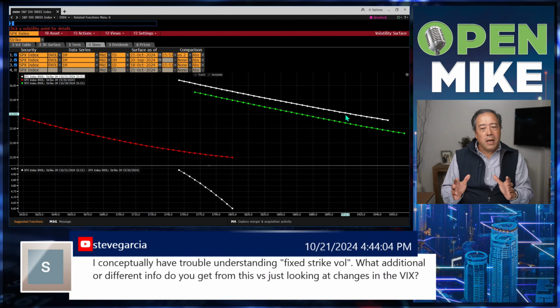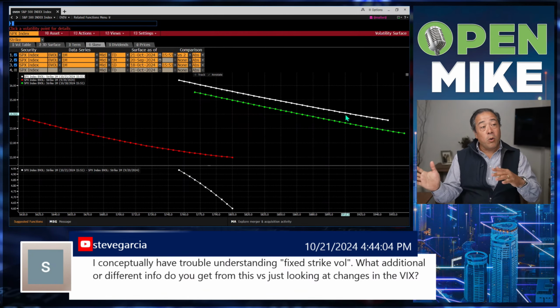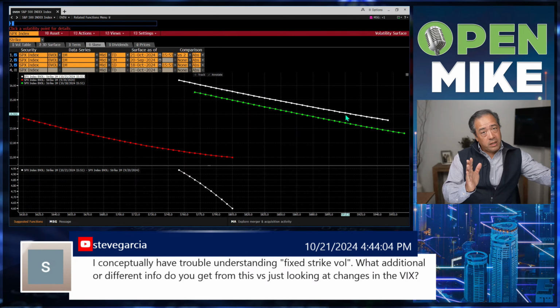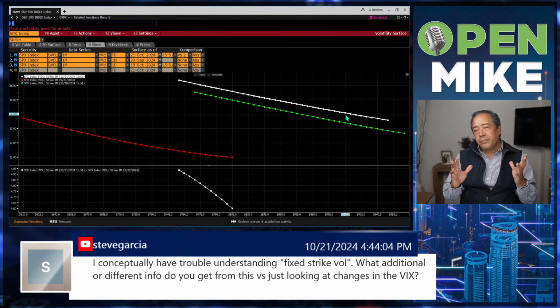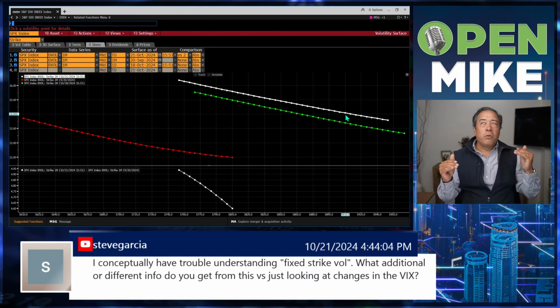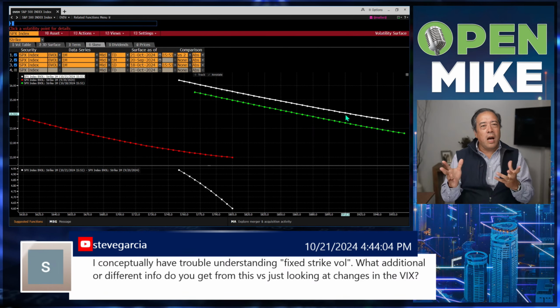And the reason is because the VIX is going higher for both reasons. Because vol's going slightly higher on a strike-by-strike basis, and it's going higher because they're looking at lower strikes, which themselves, because of skew, have higher vols. So that's the only reason why I think for most retail investors you need to contemplate this.